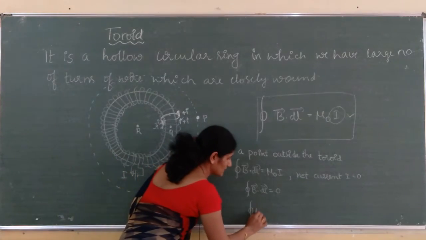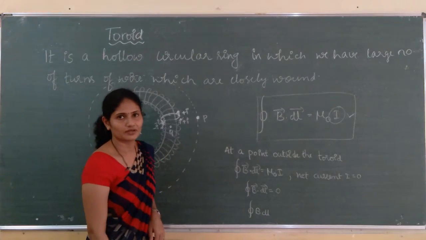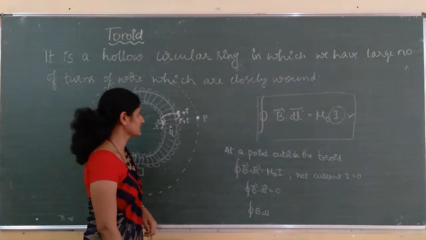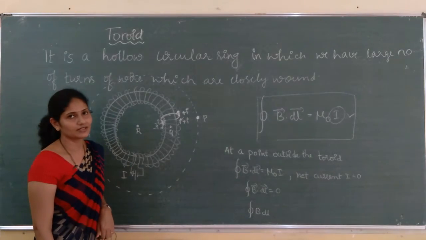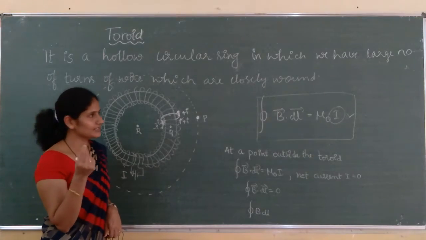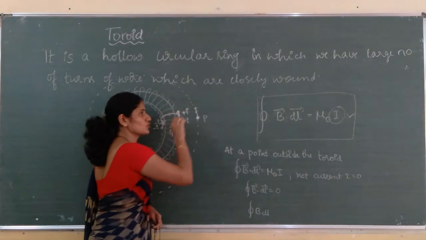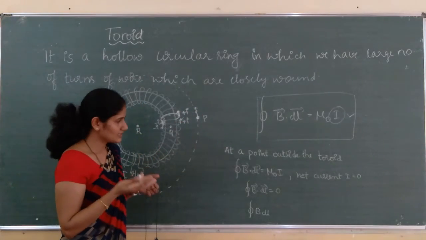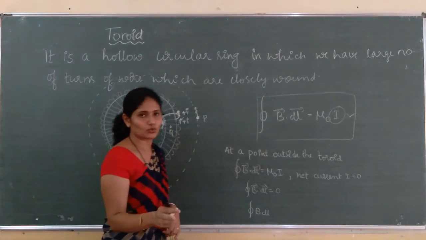So, this is nothing but B dl cos theta. What is theta? Theta is the angle between B and dl. Here the direction of B and direction of dl are in the same direction. So, theta is equal to 0, cos 0 is equal to 1.